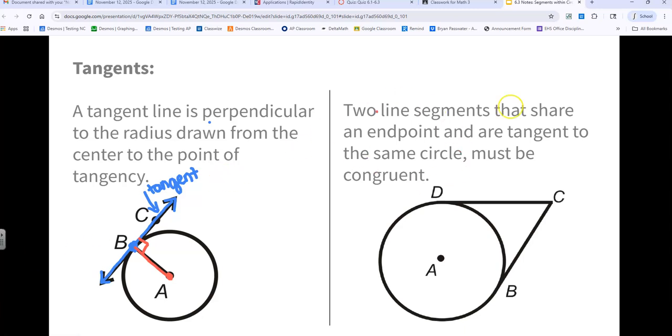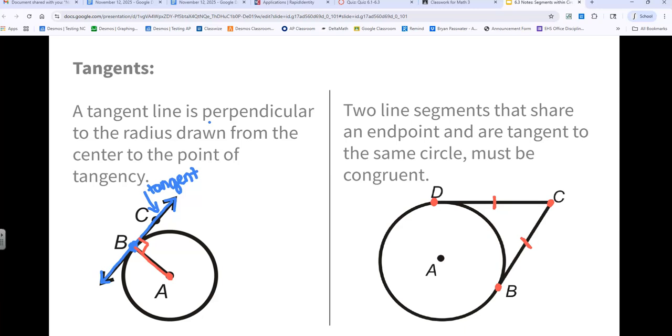Okay, another rule that we're going to have here for tangents. Two line segments that share an endpoint and are tangent to the same circle must be congruent. So if I have a line that's tangent here at D and also tangent to that same circle at B, and they intersect over here, then that tells me that line segment CD is equal to line segment CB.